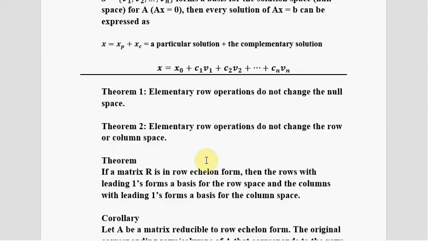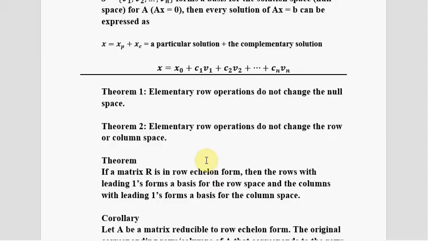That's why you can use your graphing calculator to take the matrix, reduce it using row echelon reduction, and from there get the basis for the row space or the basis for the column space. When the matrix is reduced to row echelon form or reduced row echelon form, you look on the main diagonal for where the leading 1 would be.